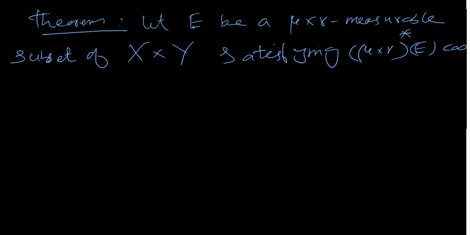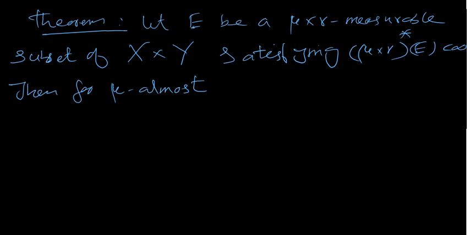Then for mu almost all x, not for all x, mu almost all x means this property holds outside a set of measure 0. It's almost everywhere actually.